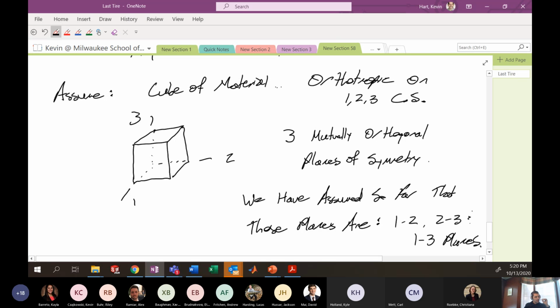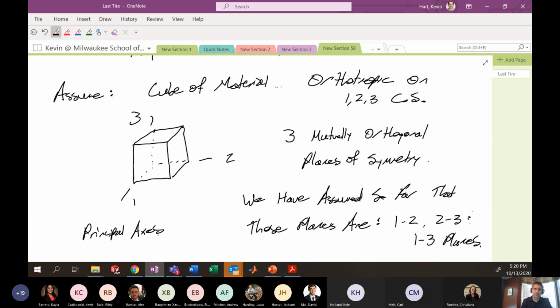And we went through our derivation of the compliance matrix by assuming load in the one direction, which was a principal axis. So we would call these the principal axes, or the principal material axes.